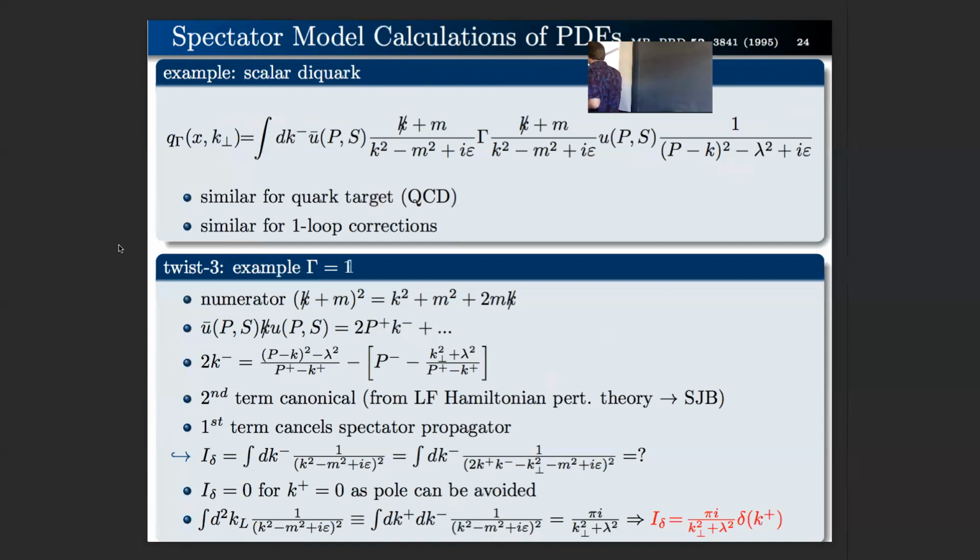Also, if you're doing a 2-dimensional or 4-dimensional integral of this expression, just use the tables in Peskin and Schroeder, you get something non-zero, that's for sure. So what we have is a function that's 0 when K plus is not equal to 0, because I can avoid the poles, and it's equal to something when you integrate over K plus. That's what Leonard calls a delta function.